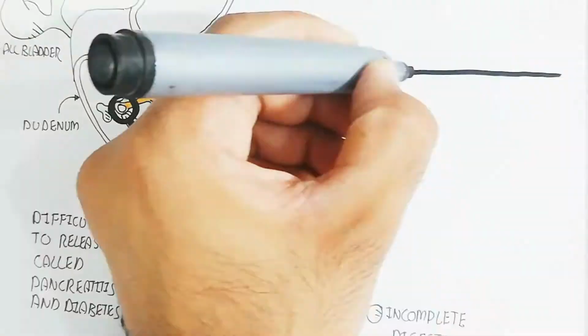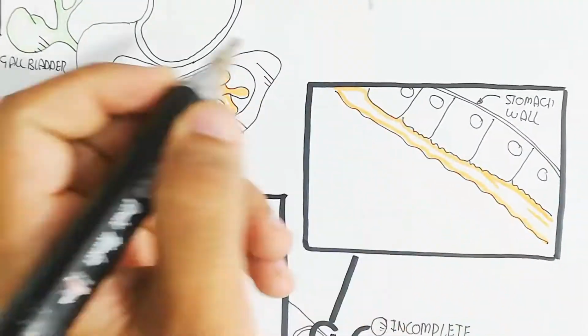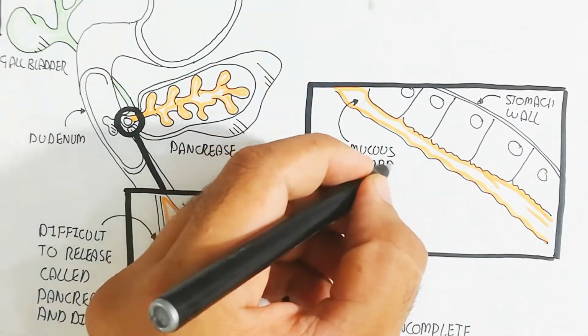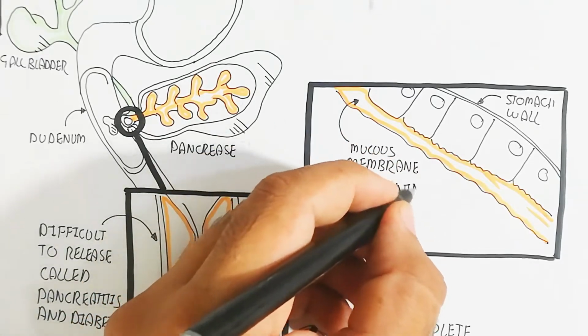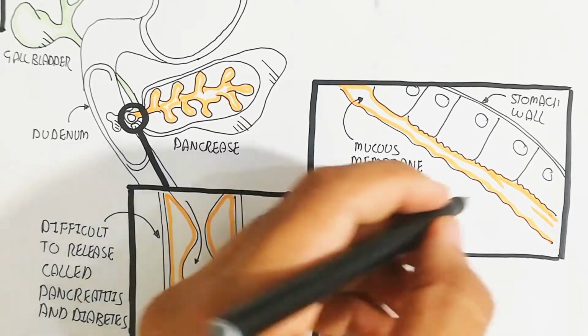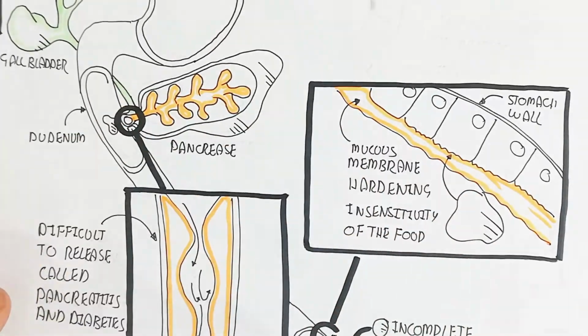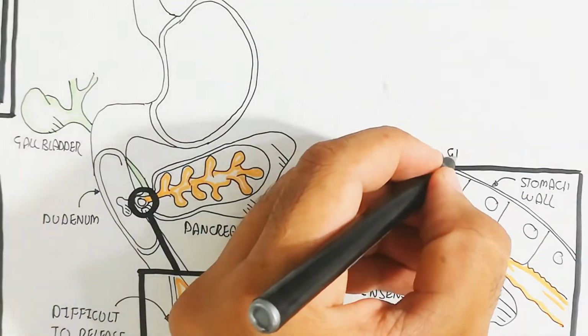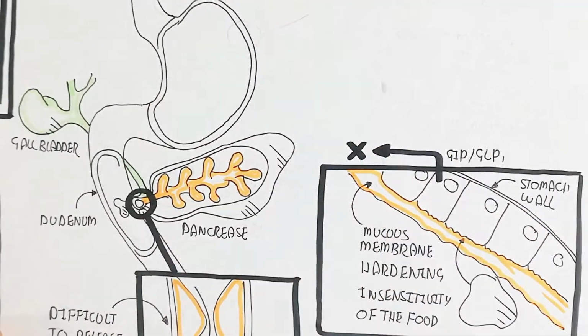On the other hand, an important thing is the stomach wall. Here the mucous membrane hardens and there is insensitivity to food. Insensitivity to food leads to GIP and GLP dysfunction. In this way, we can't feel whether the stomach is empty or filled.